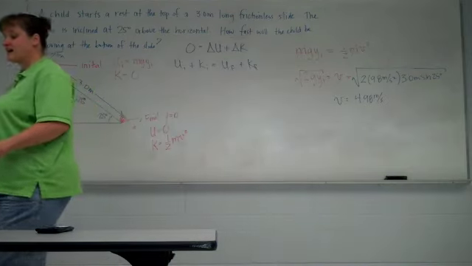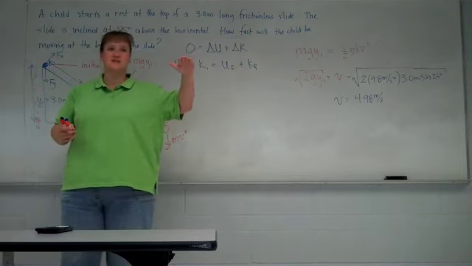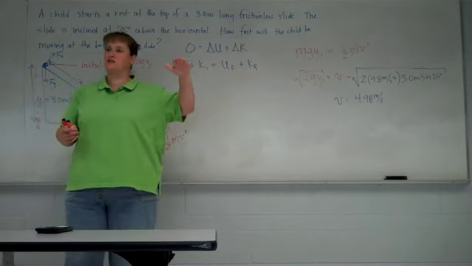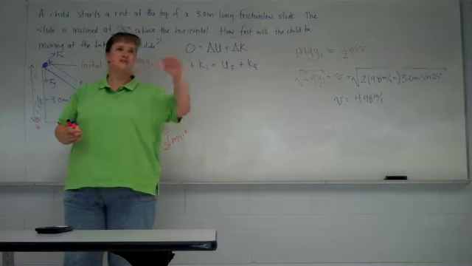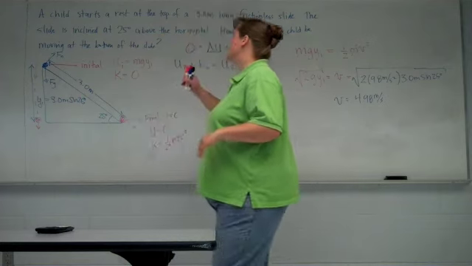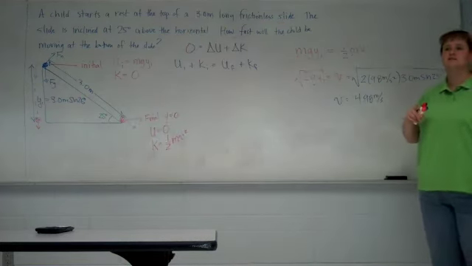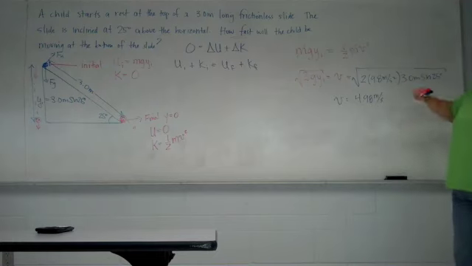And that's because if an object was moving on a horizontal surface, it's not gravity that's making it do so. It's got to be some other push or pull or friction, something along those lines. Gravity can only accelerate an object as it moves vertically. So that's why we only depend upon our y value.